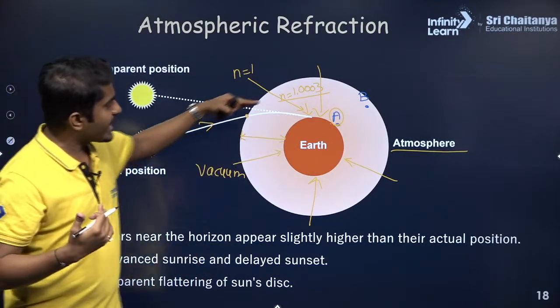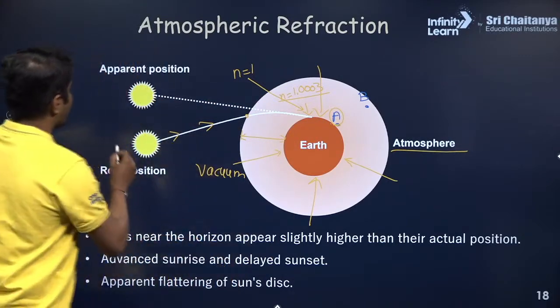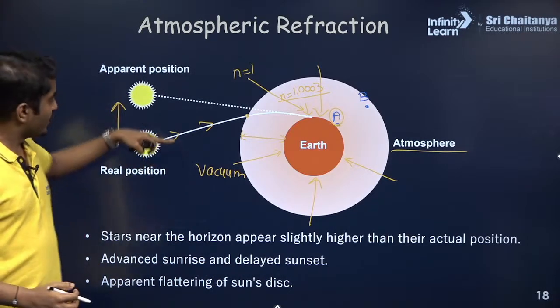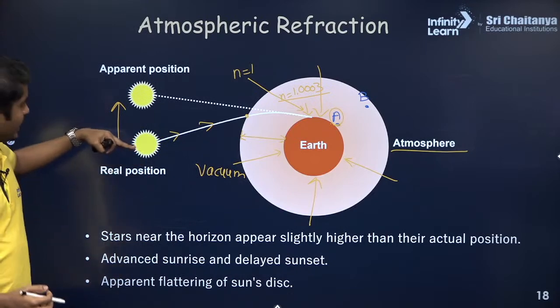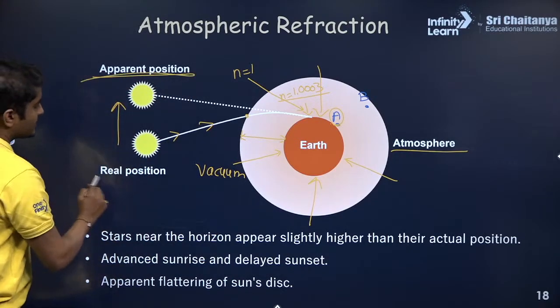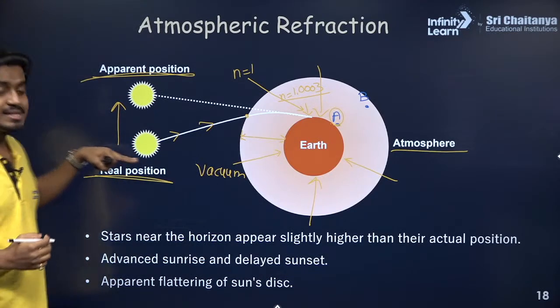Due to this, the sun or any other star near the horizon will appear shifted. This is the apparent position. This is the real or actual position of the star or of the sun.